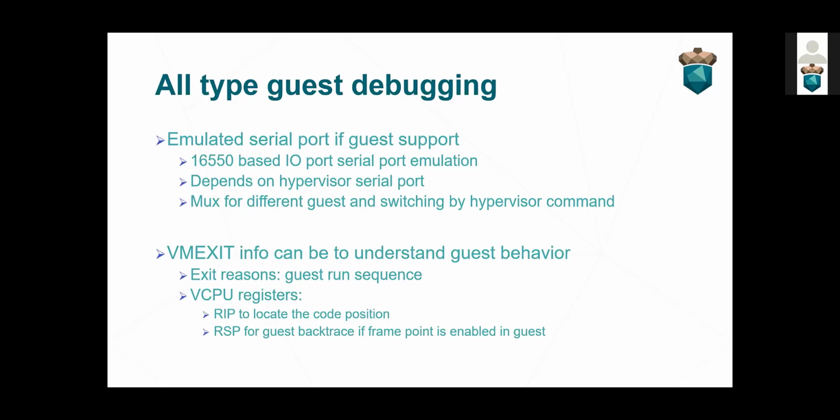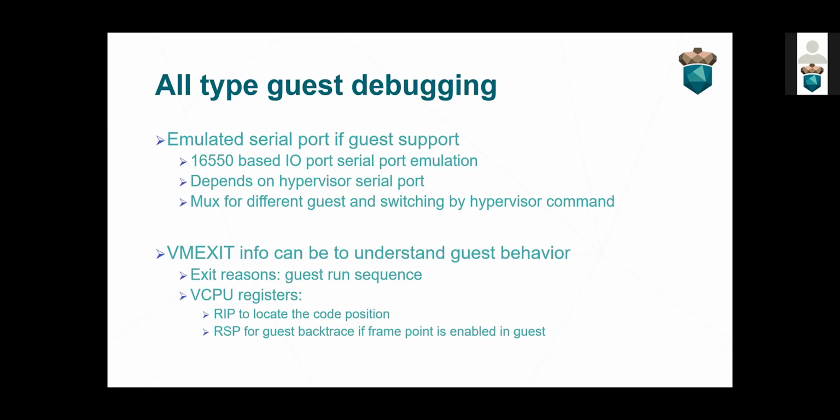And when we run multiple guests above the ACRN, we do have a different emulated serial port for different guests. So that means we could have 3 or 4 virtual serial ports there, and then we have a command to switch between the different virtual serial ports.